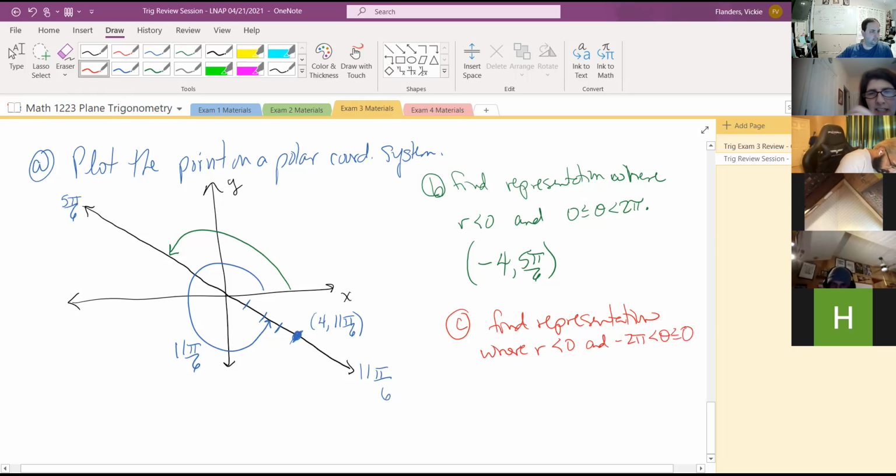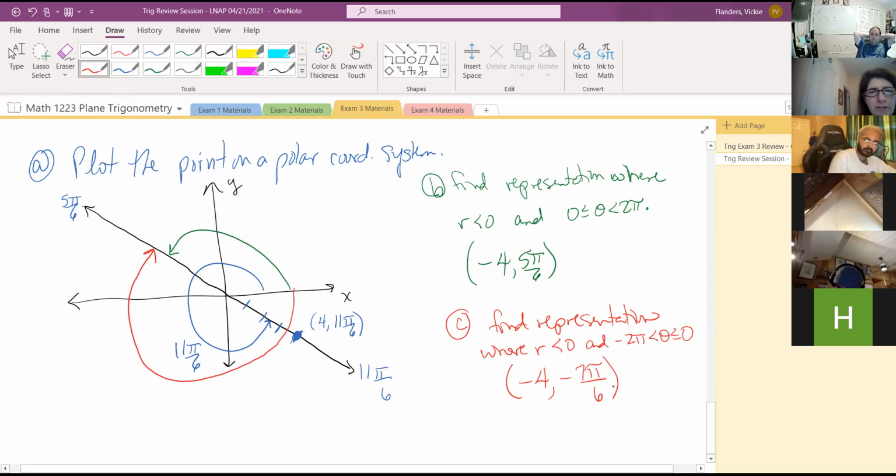So if theta is negative, I have to rotate clockwise, but r is negative, so I can't stop there, I got to go all the way over here. So that would be -4, negative 7 pi over 6. Right, guys? I could do infinitely many, but I'll stop there, Dave.